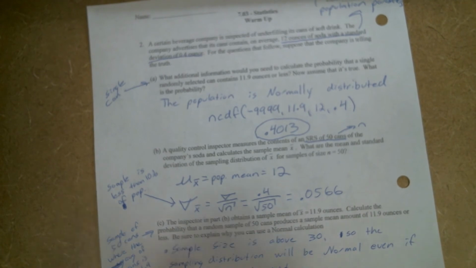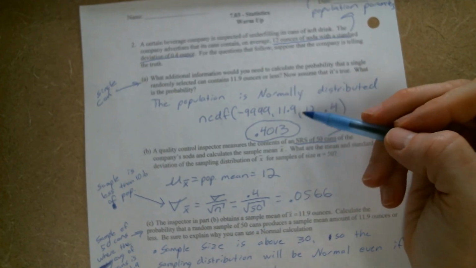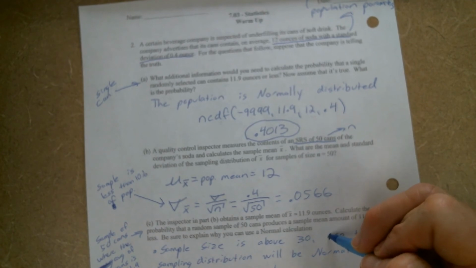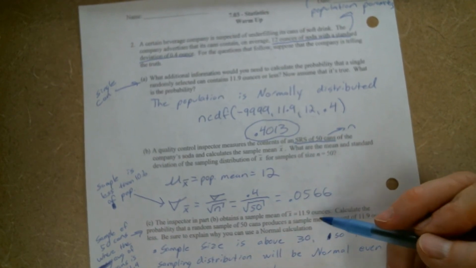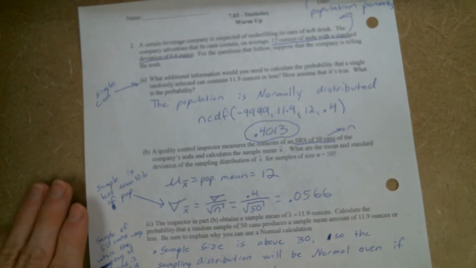All right. So we should expect the probability to be lower. It's not that weird to get a single can that's a little low. It would be weird to get 50 cans that average out to being that low. All right. So let's see what we actually get.